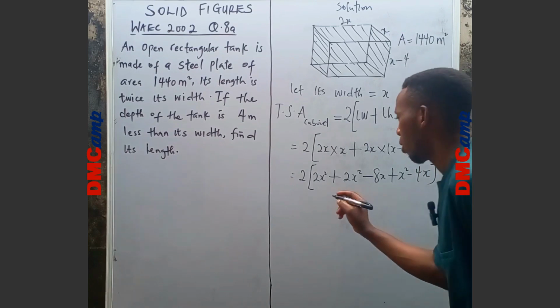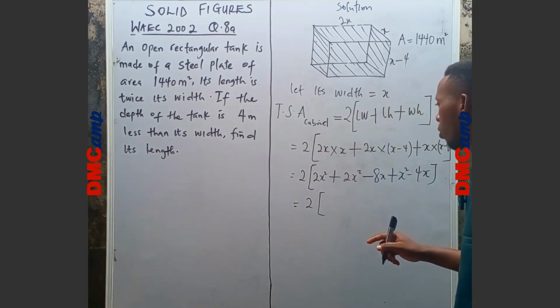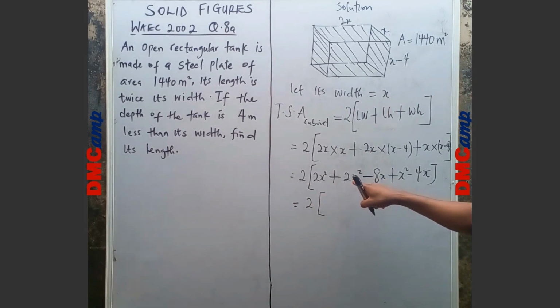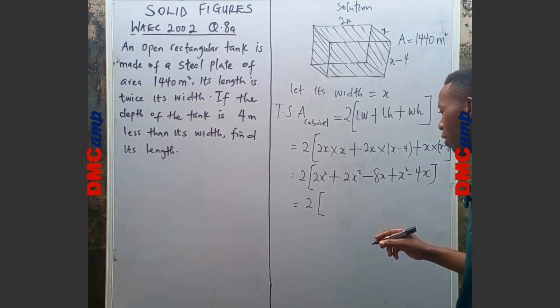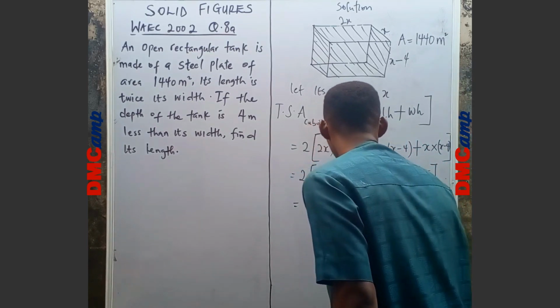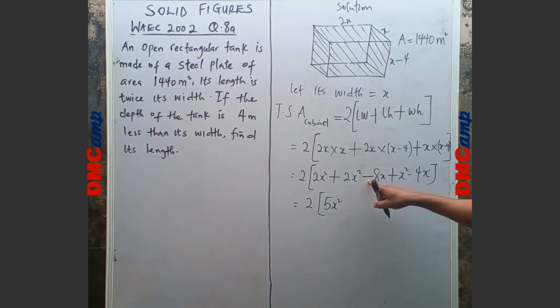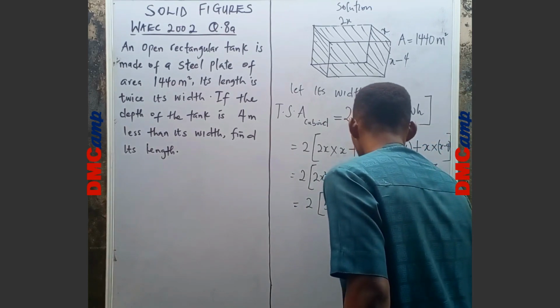So we have 2x squared plus 2x squared plus x squared, that is 5x squared. Minus 8x minus 4x gives minus 12x.